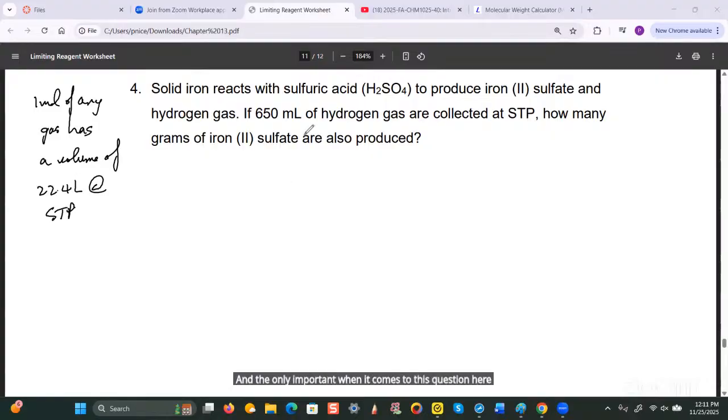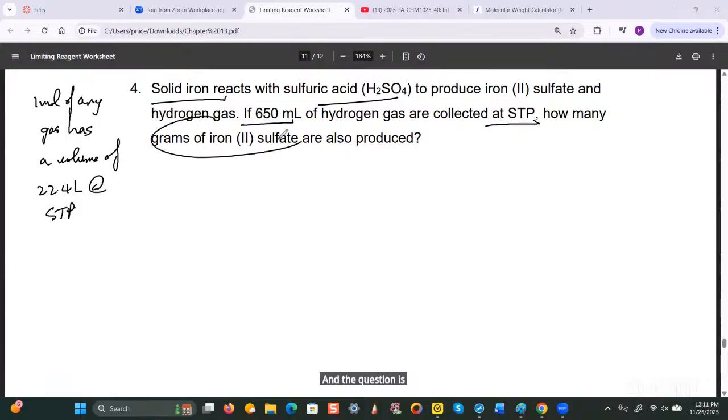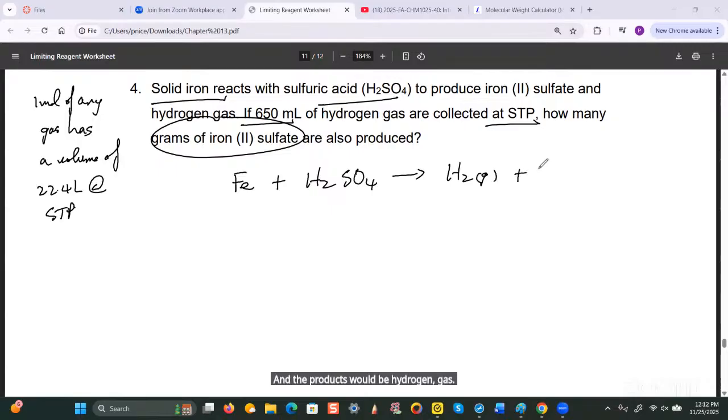So in this question here, they gave you a reaction between iron and sulfuric acid. They gave you the volume of the gas under STP conditions, and the question is asking how many grams of iron 2 sulfate are produced. So the first thing I will do is write down the equation for the reaction. It's iron reacting with H2SO4, those are reactants, and the products will be hydrogen gas plus FeSO4, and we have to check to make sure the equation is balanced, which it is.